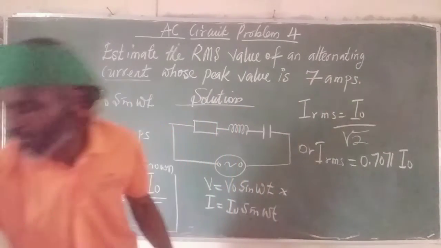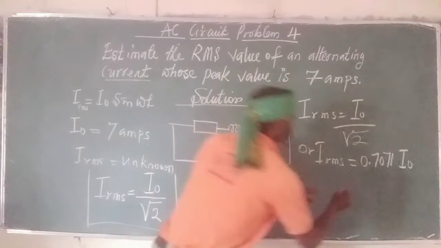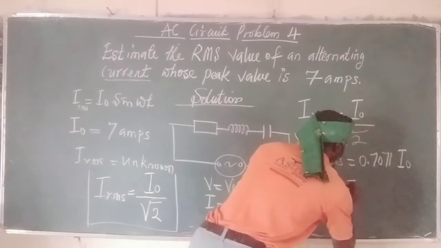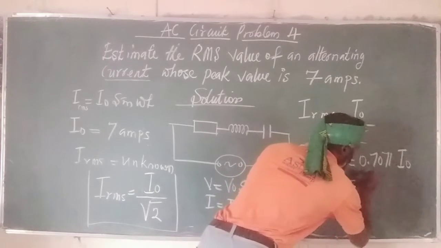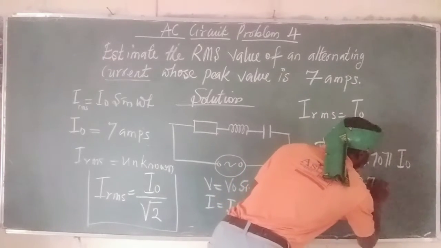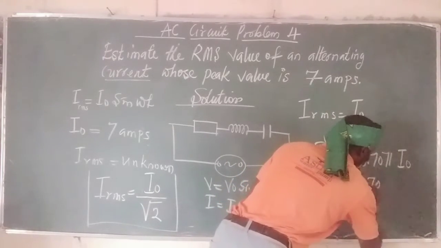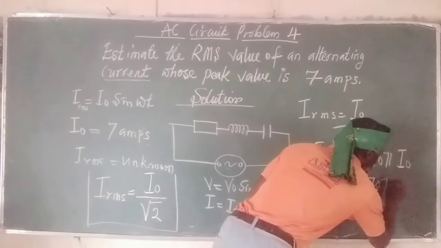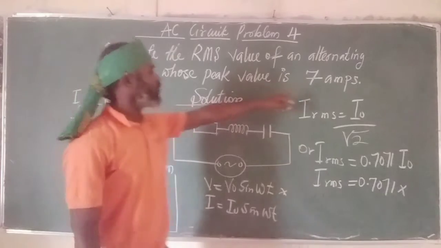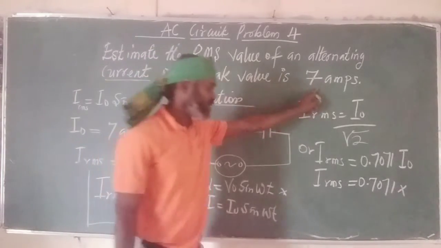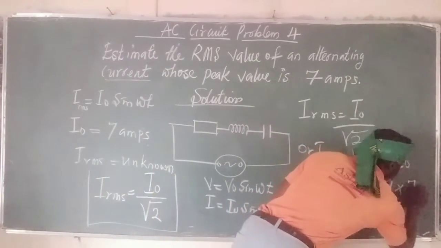So if we do this, we then have I RMS is equal to 0.707 times the peak value of the current, which is 7. So we multiply by 7.